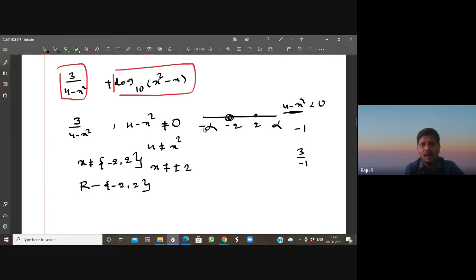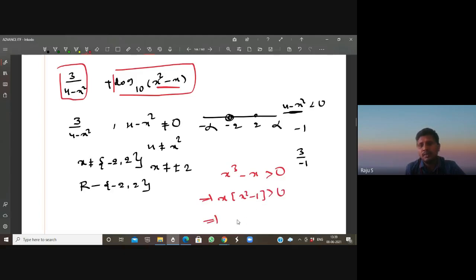Then the second, the log. Since we know that the base is clearly positive, x cube minus x must be greater than 0, or lesser than 0? Only greater than 0. Right. What is common? x common: x square minus 1 greater than 0.